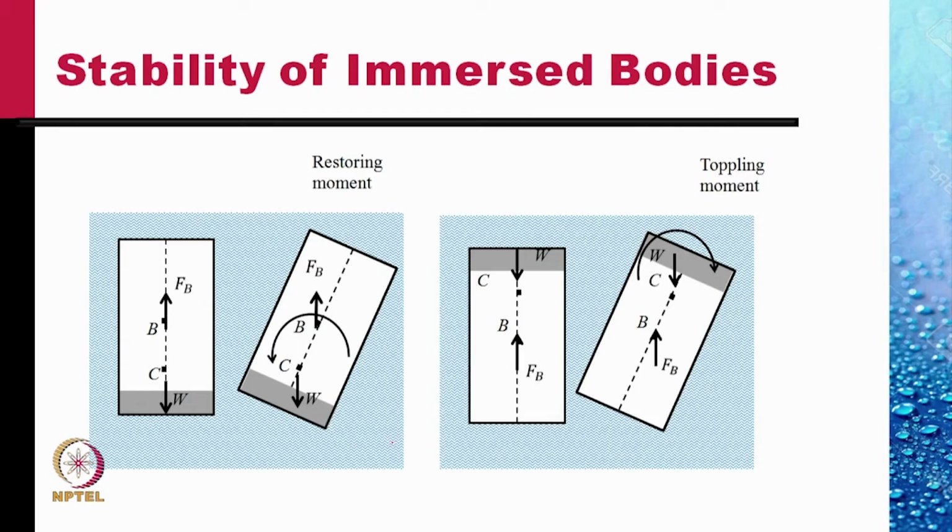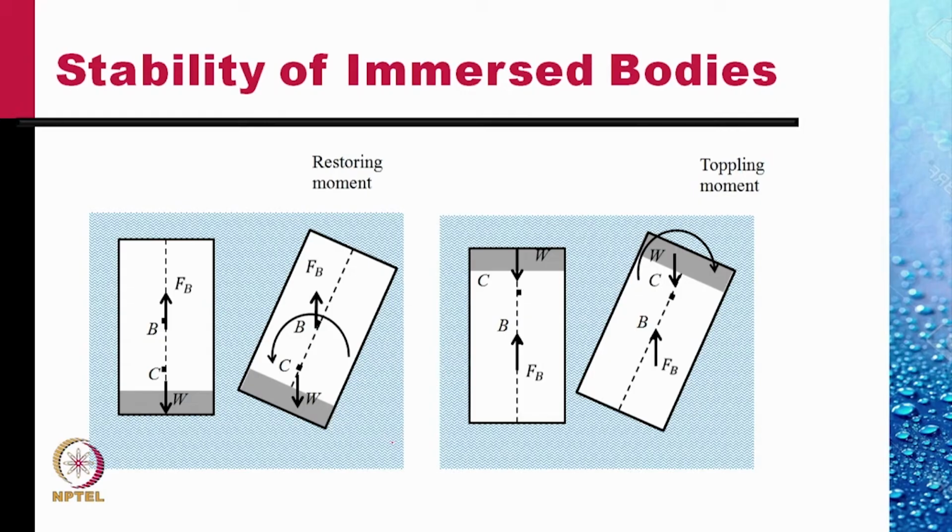So the center of gravity C would be below the center of the body, as shown, and from this the weight W would be acting. The buoyancy force Fb can be considered to act at the center of buoyancy B, which is located at the center of the volume.